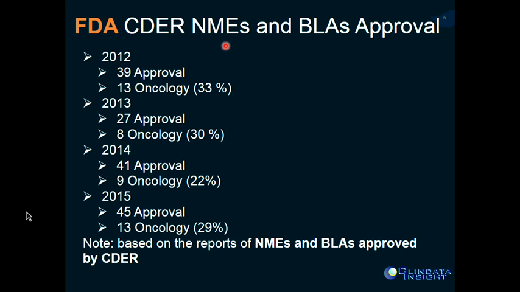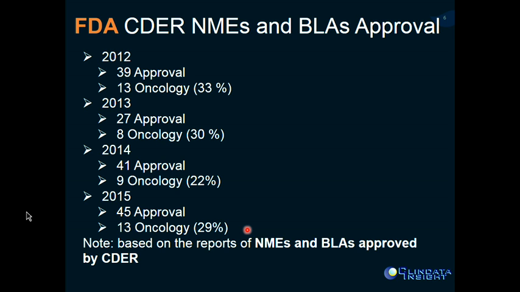According to FDA, for new molecular entities and biologic license application approvals, in year 2012 about 40 drugs were approved, and about 13 were oncology drugs. In year 2013, 27 drugs were approved, and out of 27, about 8 were oncology drugs. In year 2014, 41 were approved, and about 9 were oncology drugs.